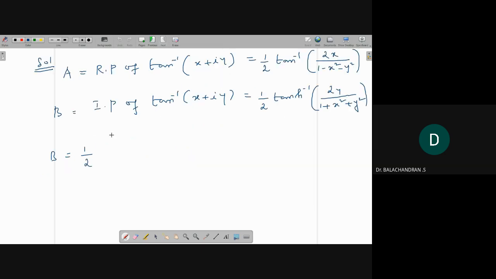So instead of tan h inverse of x, I am going to use the formula 1 by 2 log of 1 plus x divided by 1 minus x, where x is 2y divided by 1 plus x square plus y square. Is it correct?